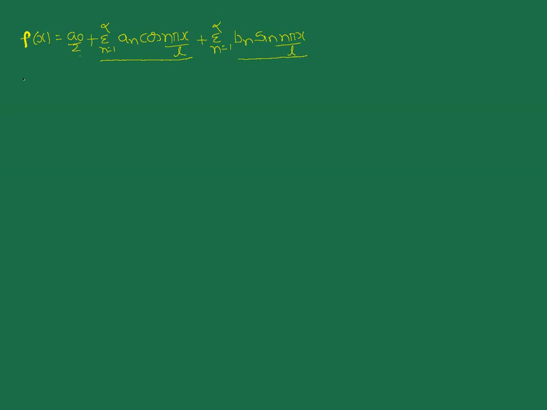Where a naught is equal to 1 by l integral. According to the limits, if it is minus l to l, you write minus l to l; if it is 0 to 2l, you write 0 to 2l. Let us consider minus l to l.